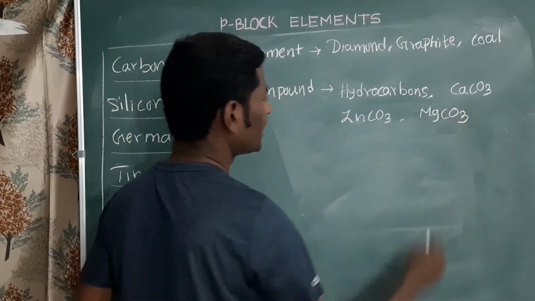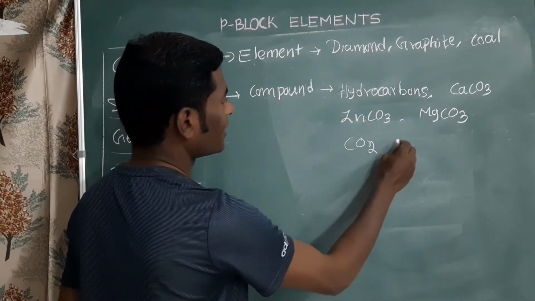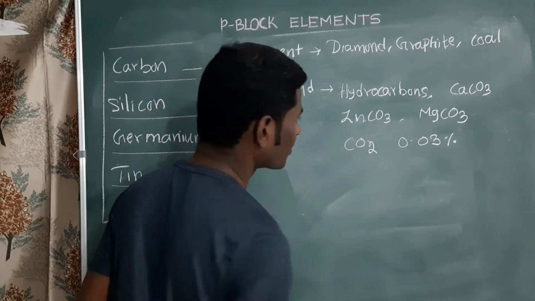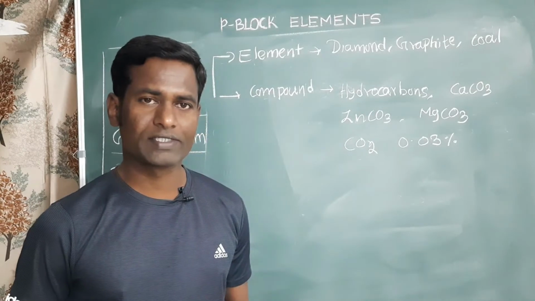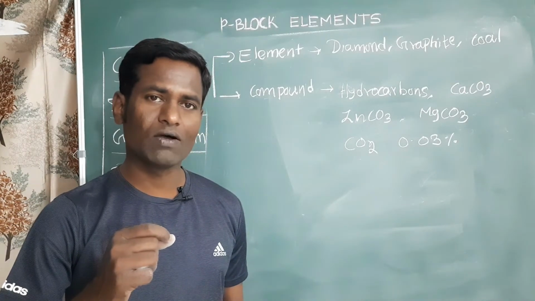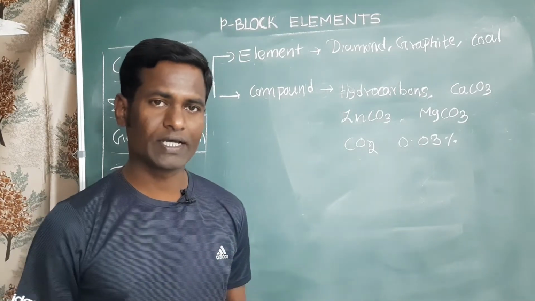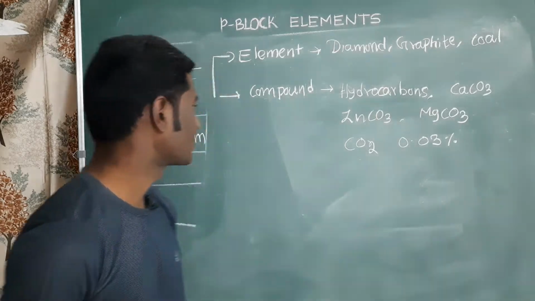So carbon is obtained in the form of carbonate. And carbon dioxide gas in the atmosphere contains 0.03% of carbon dioxide. When the emission of carbon dioxide increases, it acts as a greenhouse gas which radiates the heat towards the earth. So the temperature increases, and it will cause global warming.